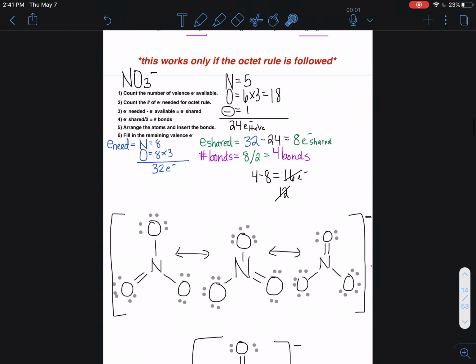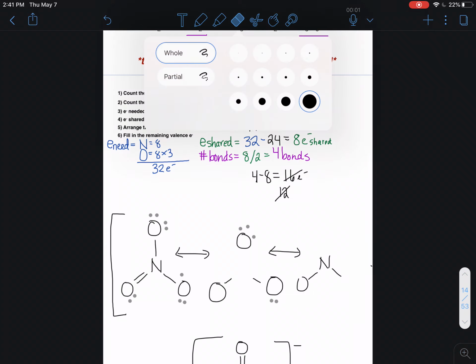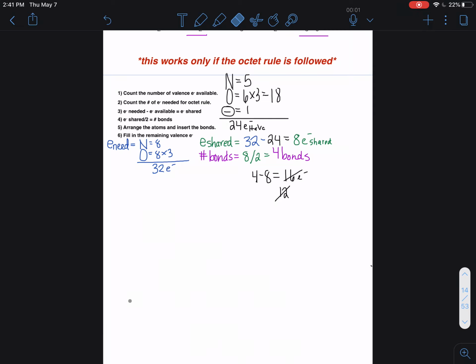I'm going to do NH3. That's the only polyatomic cation that you guys need to know. Sorry, NH4, ammonium, ammonium, okay?